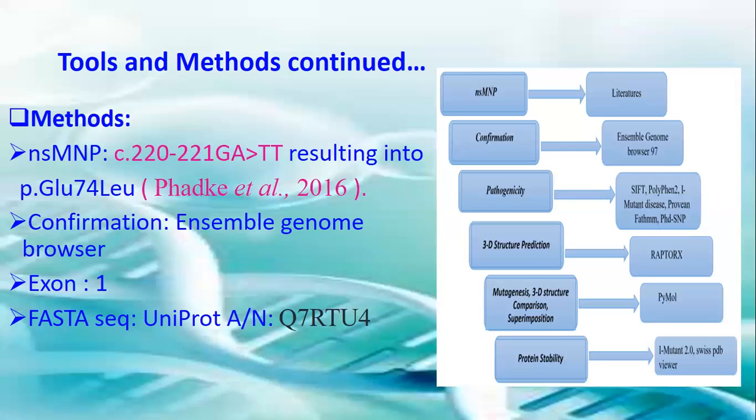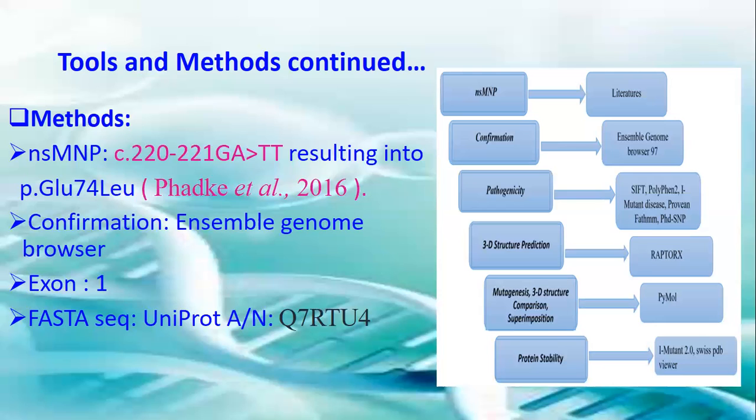First of all, we point out the non-synonymous multiple nucleotide polymorphism from the literature. We read the article and point out the mutation that was a novel mutation in a novel gene. We also do confirmation in Ensemble Genome Browser 97, and we check the pathogenicity of this gene with SNP tools, single nucleotide polymorphism tools. We also build the 3D structure.